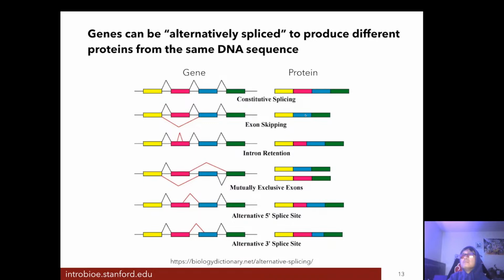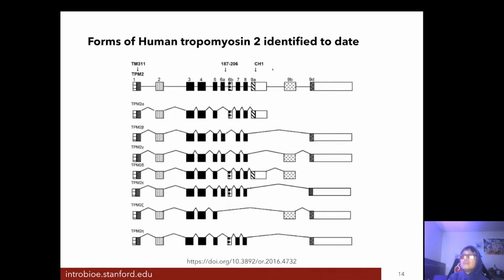Another way, here are different forms of the human protein tropomyosin 2 that have been identified to date. And so tropomyosin 2 is an example of a protein that does kind of facilitate the movement of fibers during muscle contraction.